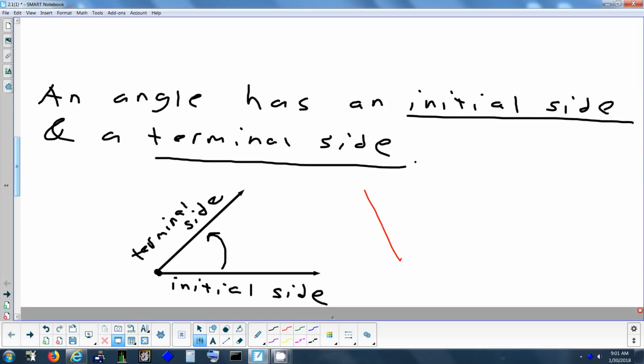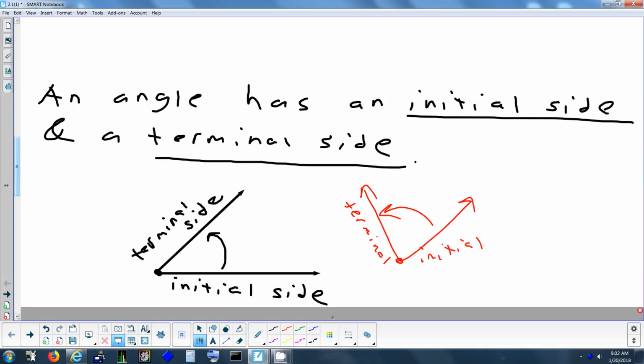So if I drew something like this, I said you go in a counterclockwise direction, the short way, okay, between the two rays. That way. Okay, the initial side is this one, and the terminal side is that one.